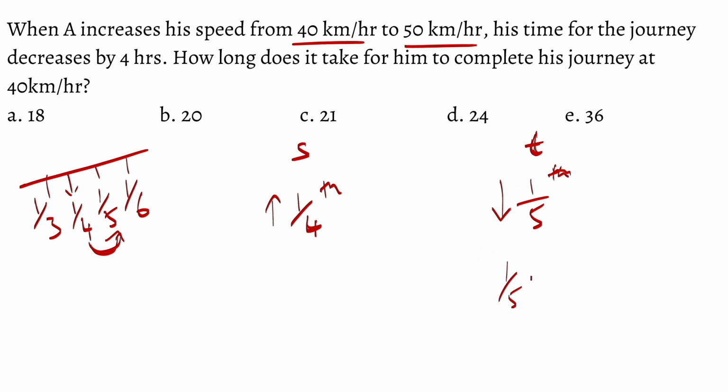So 1/5 of time is equal to 4 hours, since his time for the journey decreases by 4 hours. So total time will be 4 into 5, that is 20 hours.